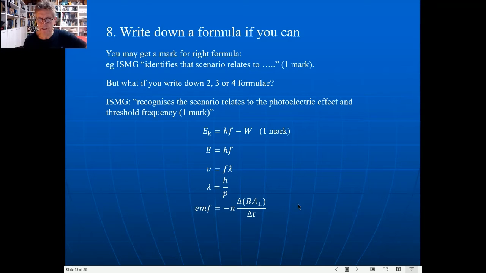You can't just write down any other formulas and hope for the best. So I'd say get rid of that one, probably get rid of that. You've got those three, you'll probably get the mark, if that's what the marking scheme said. So don't fall for the trap that people often say, just write down as many formulas as you can. It's not going to work.